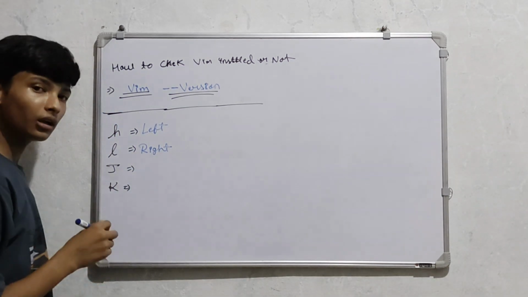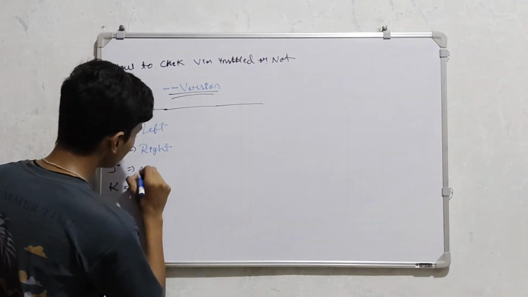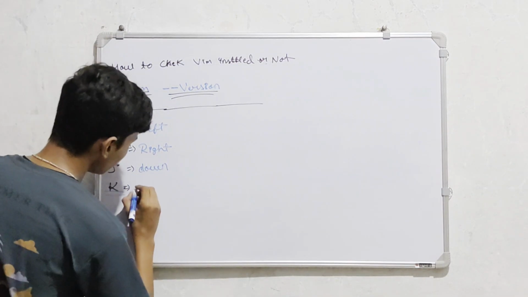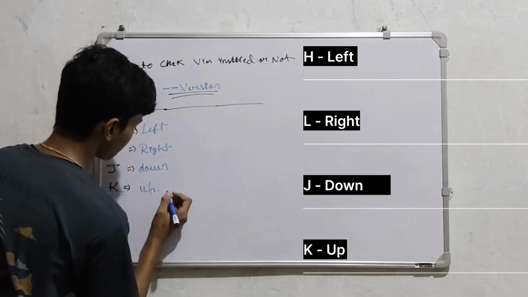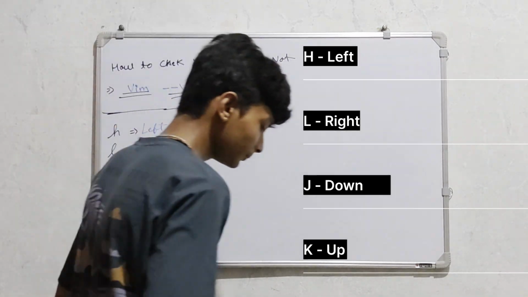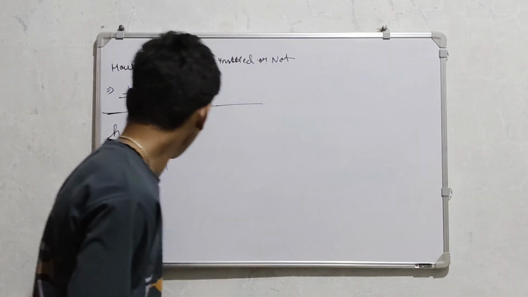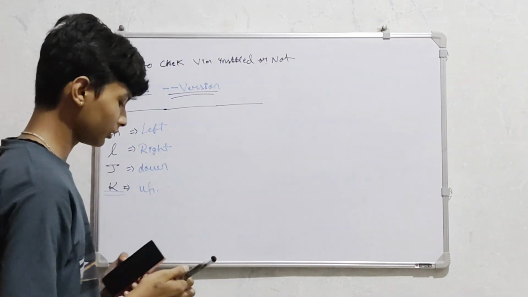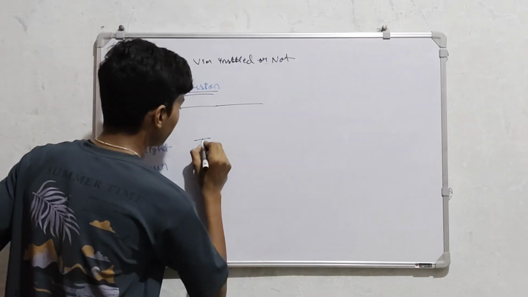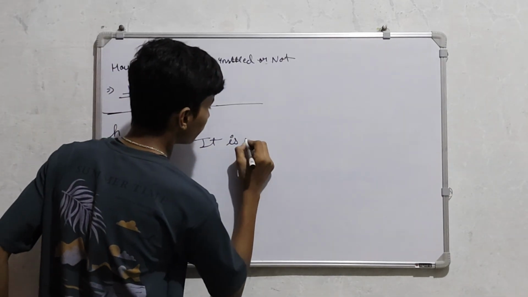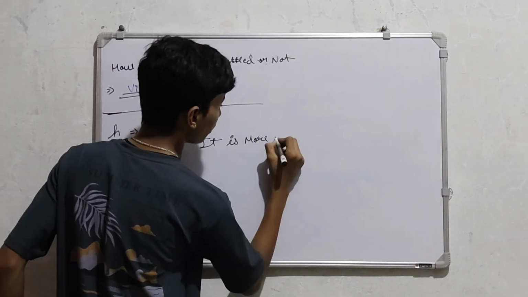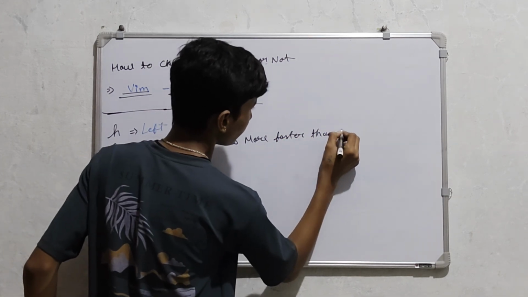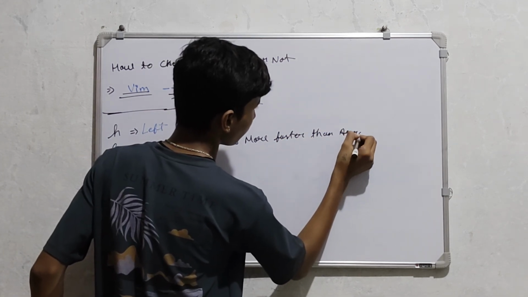With the help of J, go down. And with the help of K, go up. It is faster than the arrow keys.